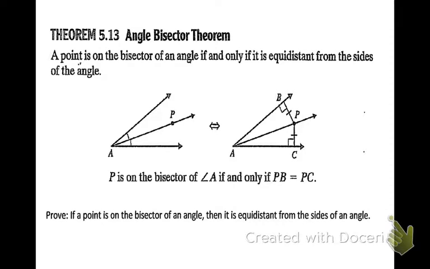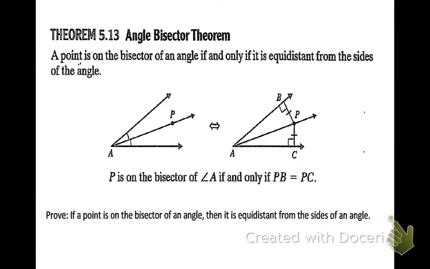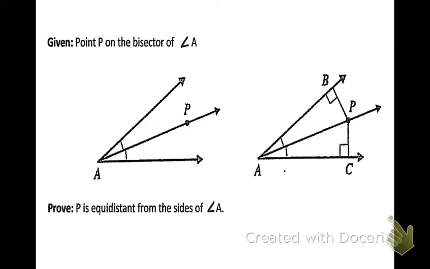So if this distance is the same as this distance, then I know P is on the angle bisector. It's going to be equidistant to the sides of the angle. So P is on the bisector of A.